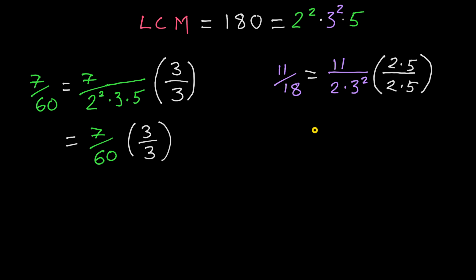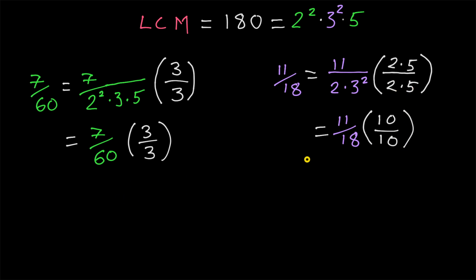And let's perform the step on this line. So we have 11 over 18, and this is multiplied by, well, 2 times 5 is just equal to 10 over 10.